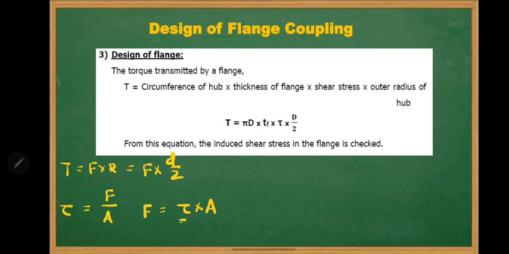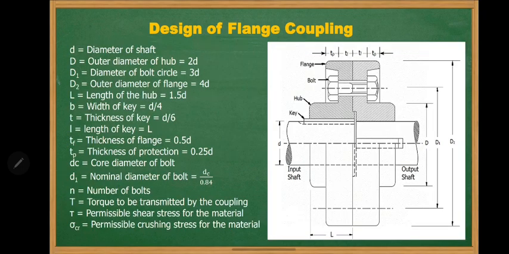So how to calculate this shear stress? In this case you have to calculate this area. For this area we need to see the design figure for the flange coupling. When the shaft is rotating, the flange is sheared from this plane, the plane where the hub and flange are separated.